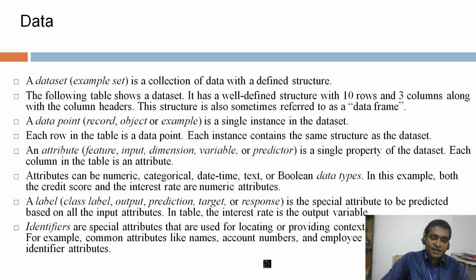Generally, the attributes can be divided into two categories: numeric attribute and categorical attribute. This is what we call the data type for an attribute. Apart from this, sometimes we have date, time, text, or boolean as data types for attributes. In this example, both credit score and interest rate are numeric attributes. A numeric attribute is an attribute which takes only numerical values.